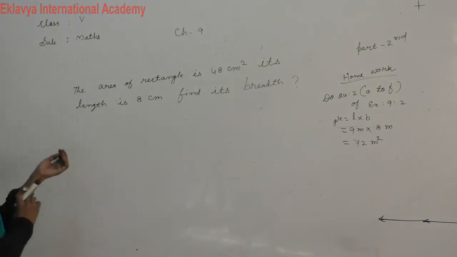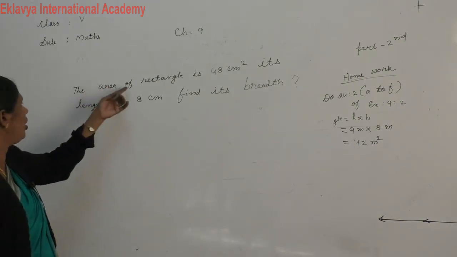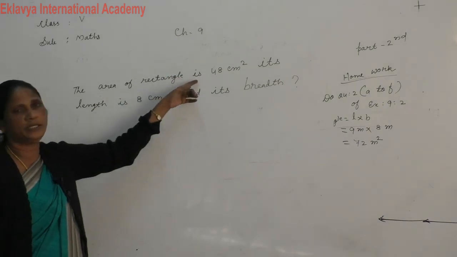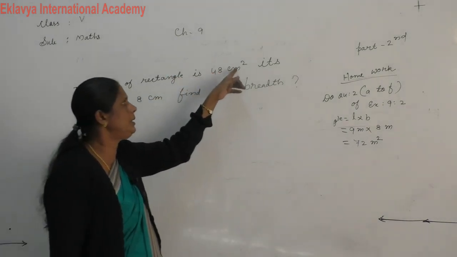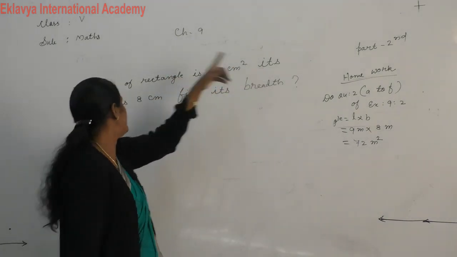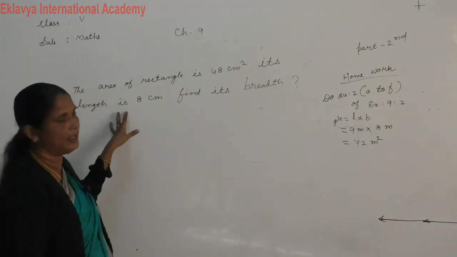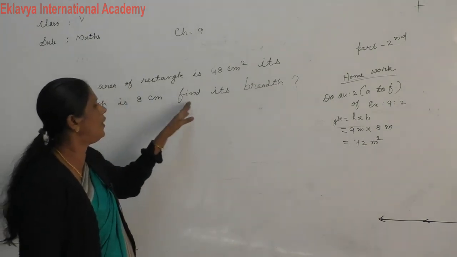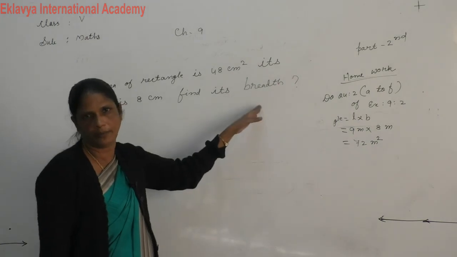You read the question: the area of rectangle is 48 centimeter square, its length is 8 centimeter, find its breadth.